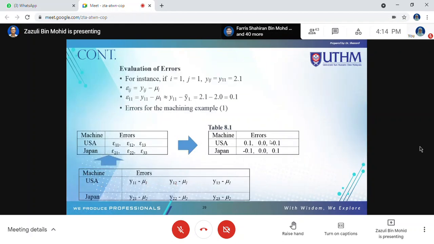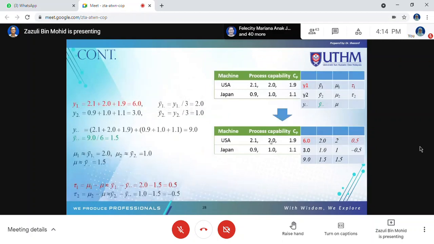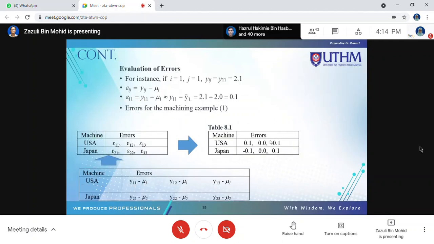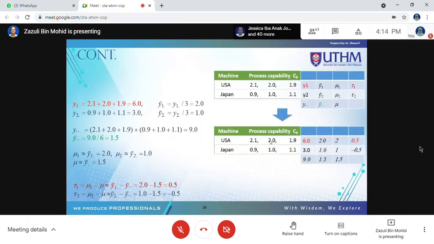So from here, y11, where do we get the y11?